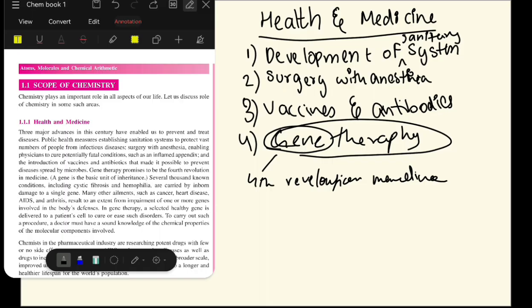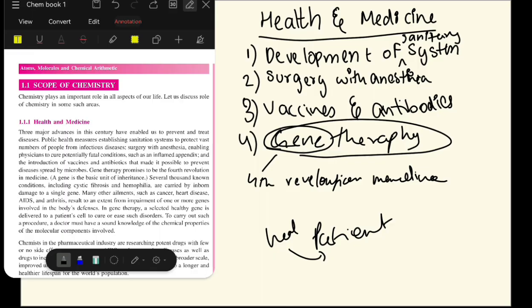So, what do doctors do? Doctors take a good healthy gene and they introduce this healthy gene into the patient's body. What does this do?